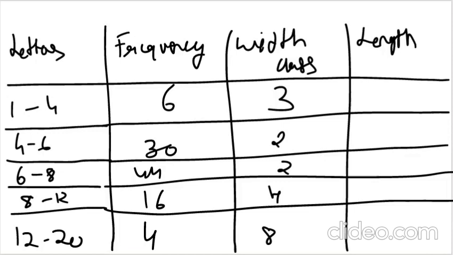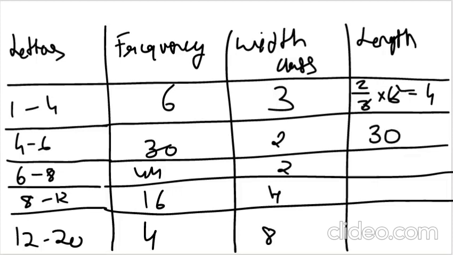Now the length. The length is 2 divided by the width, multiplied by the frequency. So the length is 2 by 3 into 6, which is 4. Then 2 by 2 into 30 is 30.